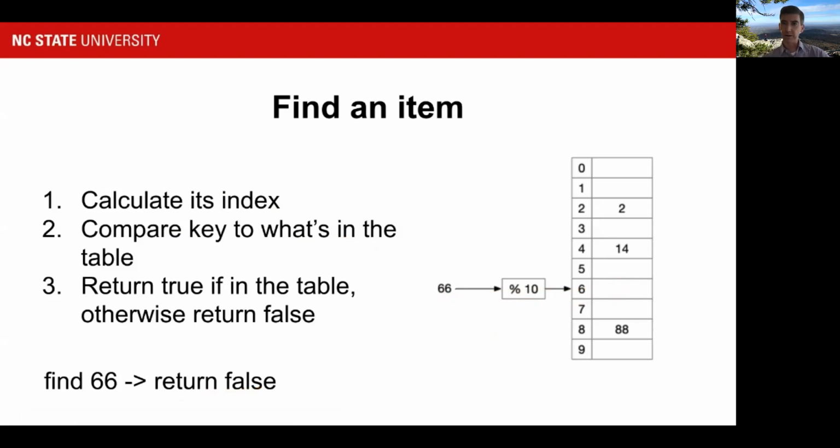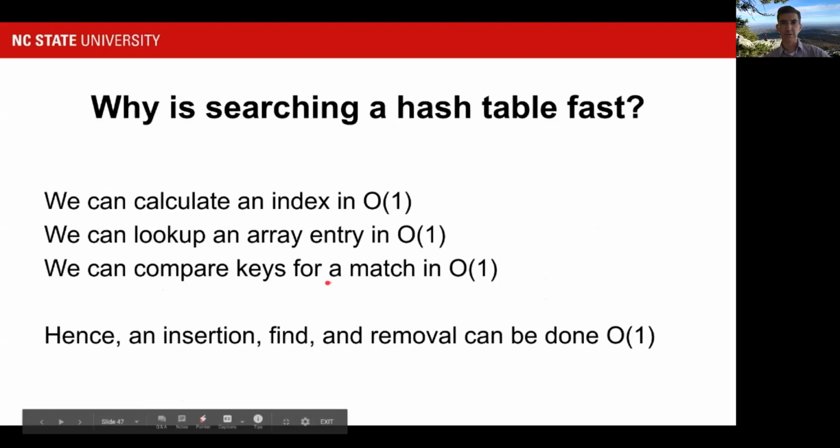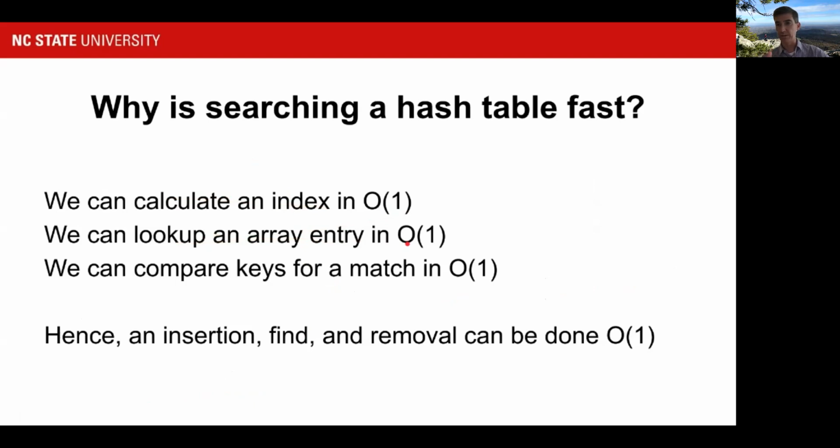These are all very efficient operations. So why is searching a hash table fast or using a hash table fast? Well, we can calculate an index in O(1) time. We can look up an array entry in O(1) time, right? It's just a base address of the array plus offset. That's a single add. Then plus a load, that's a single operation. And then comparing two keys for integers, that's a single compare instruction in most processors.